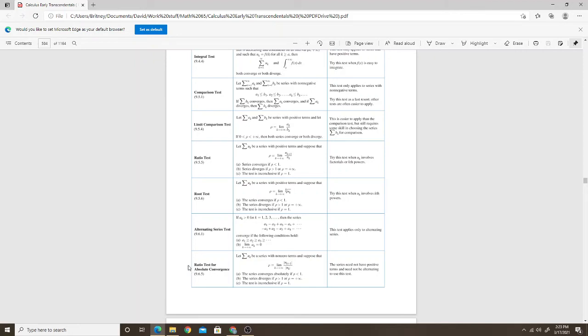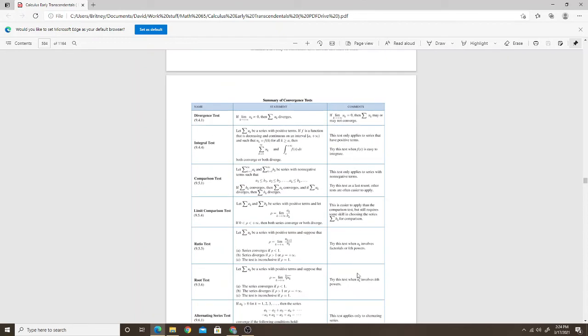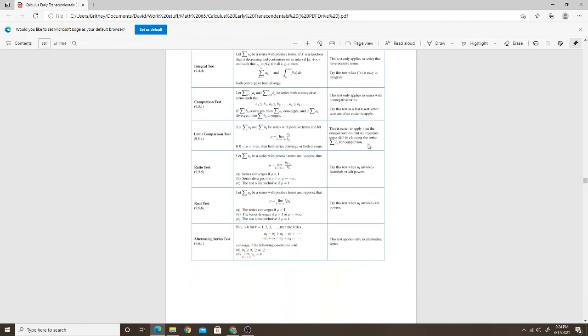Basically, it means that if you conclude that the absolute value diverges by the ratio test, then you don't have to do the alternating series test to see if it's conditionally convergent, because it's not going to be. Technically, that's true for the root test as well. And then this last column is really useful because they tell you when to try what thing.